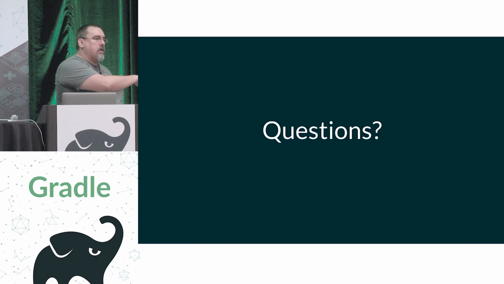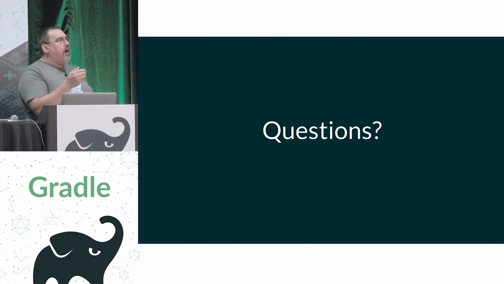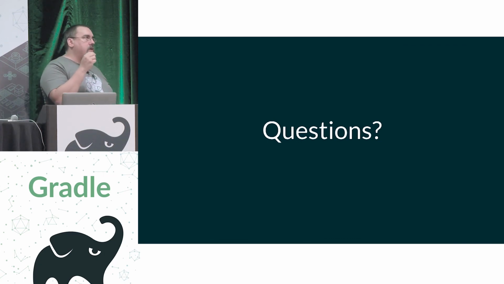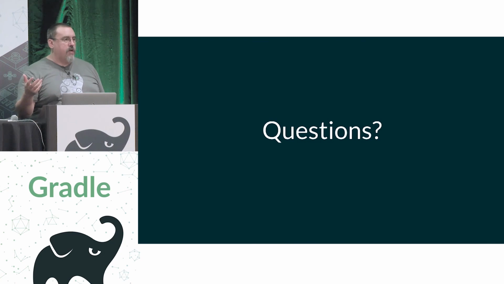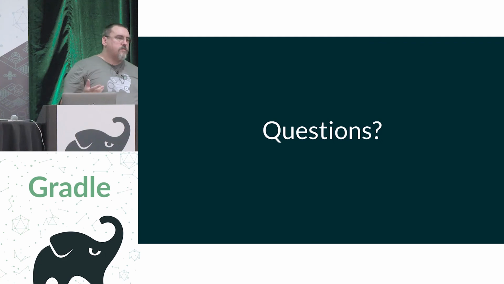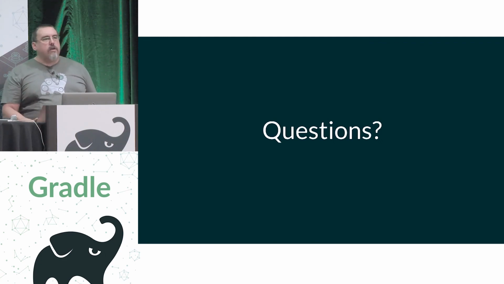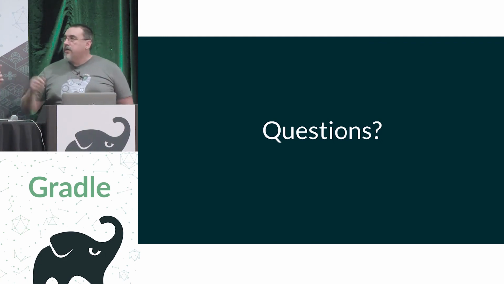So the question was, if we showed an example using Java exec, are we now using the worker API? Is that what the question was? I want to know if it applies to, inside my task action, I call project.exec. Right. And I think I saw exec and Java exec, so I assume the worker API can replace either?